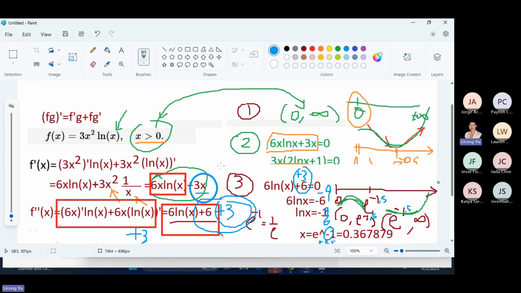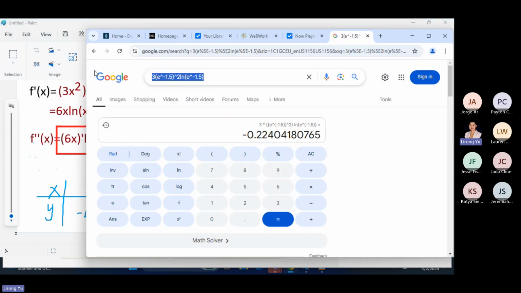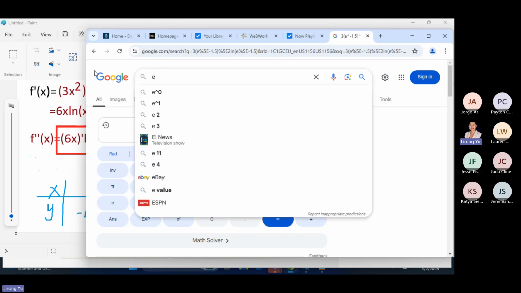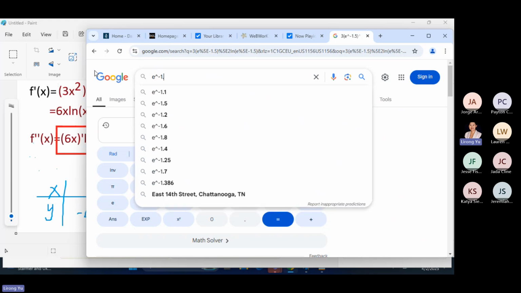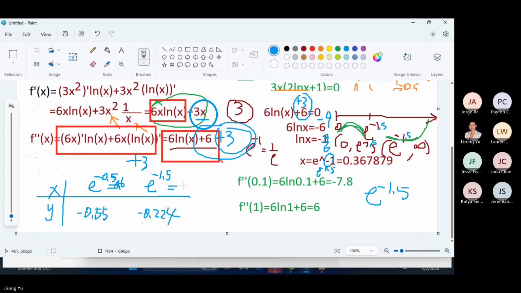We were talking about its value. X equal to 0.6 roughly, and y negative 0.5. And this one is even smaller. In this one, instead of equal to -1, we have e to the negative 1.5. The denominator is getting smaller, so it's 0.223.